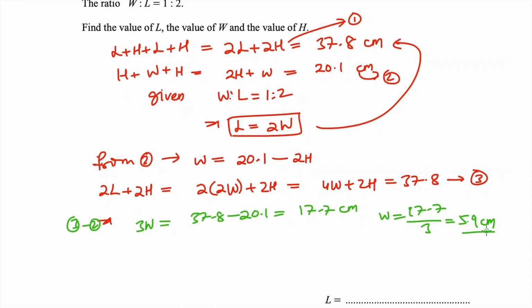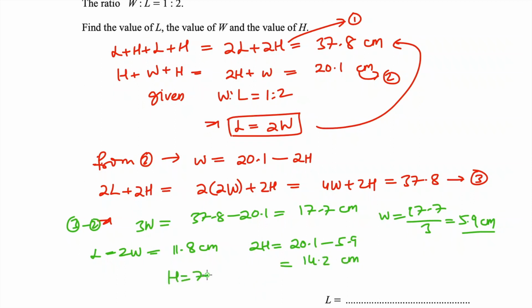That's it. The problem is finished. Now once I know the value of W, I can easily calculate all the other values. So since W is 5.9 centimeters, L will be equal to 2W, which is nothing but 11.8 centimeters, and 2H would be equal to 20.1 minus 5.9, which is nothing but 14.2 centimeters.